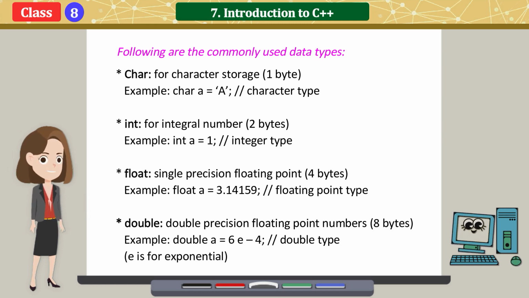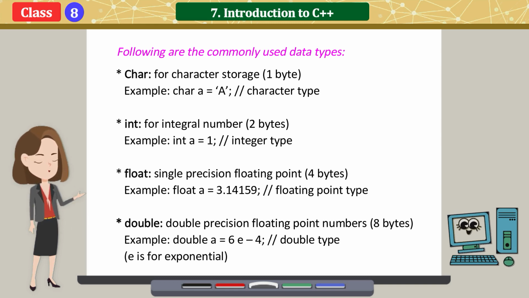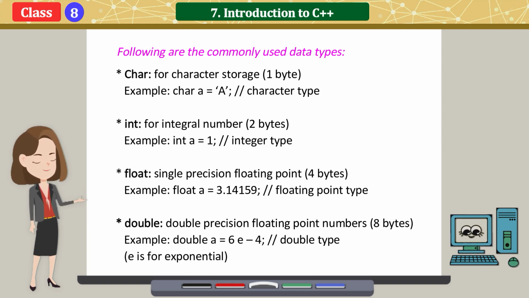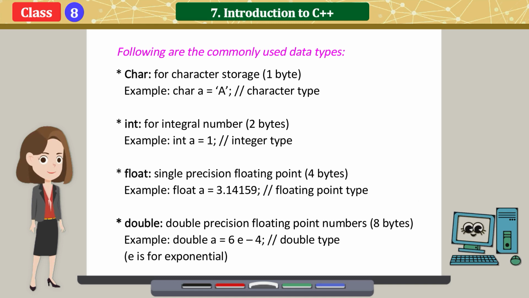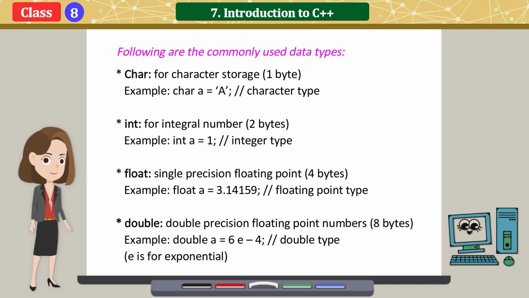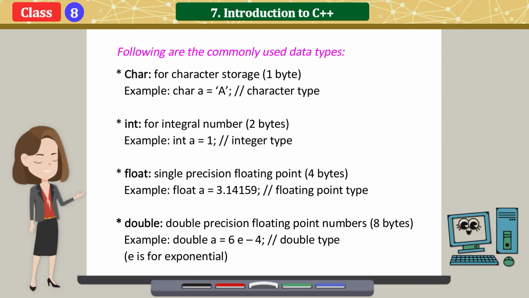Int, for integral numbers, 2 bytes. Example: int A = 1, integer type. Float, single precision floating point, 4 bytes. Example: float A = 3.14159, floating point type. Double, double precision floating point numbers, 8 bytes. Example: double A = 6E4, double type, where E is for exponential.